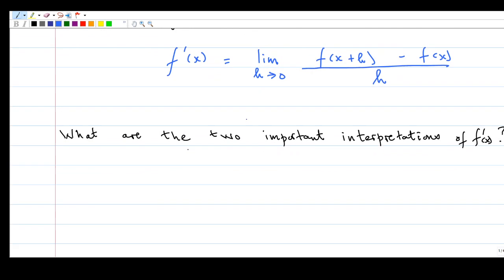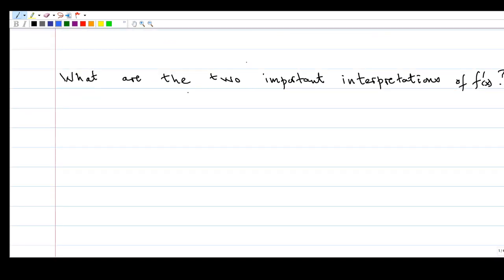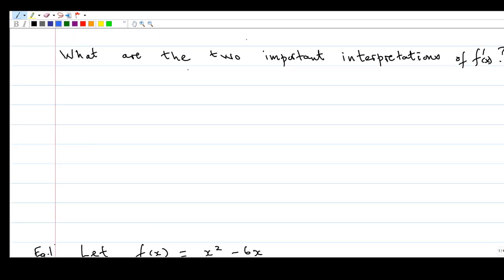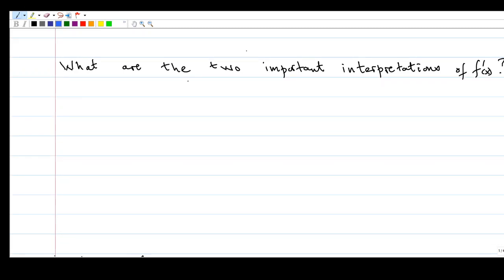Next question. What are the two important interpretations of f prime of x?